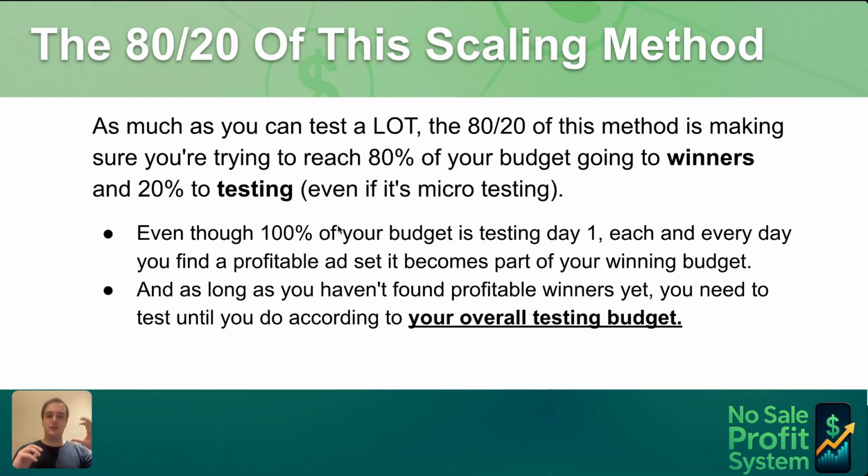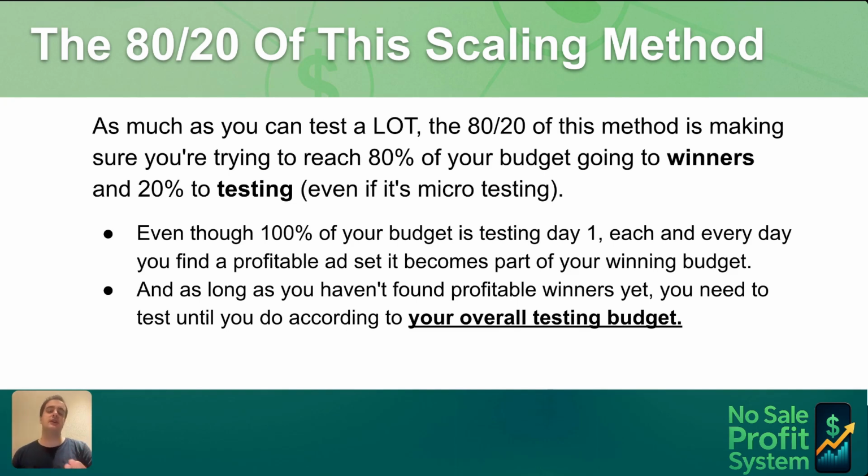So now you can try to have this mental calculation going on in the back of your mind. Honestly, this is a little bit optional, and I think it's very advanced, but it's very cool for you to have this in the back of your mind as well. You can understand, wow, now I have these two ads that are profitable. If they're each spending, let's say as an example, $20 a day, so you have two, that's $40 a day, and your overall budget is 100.